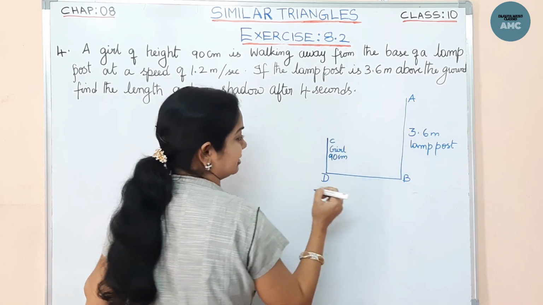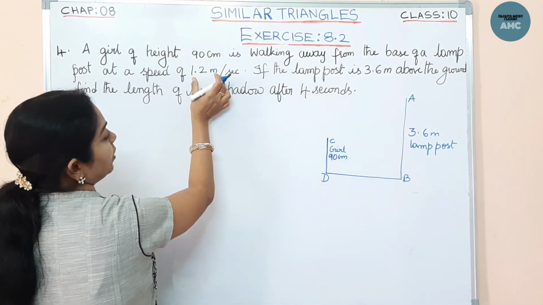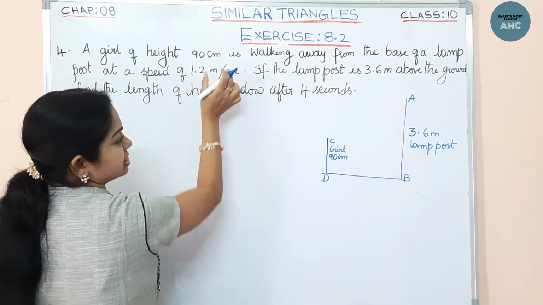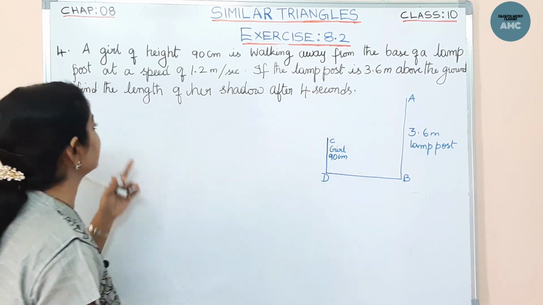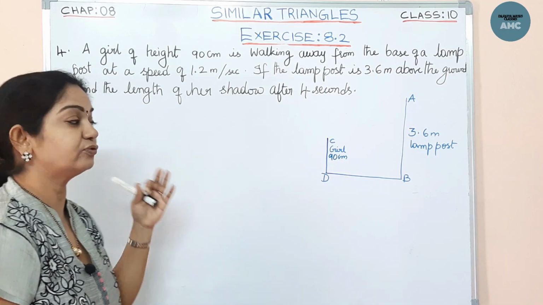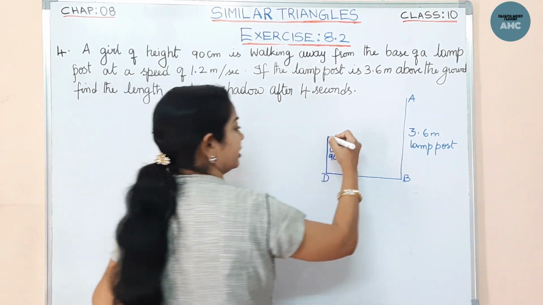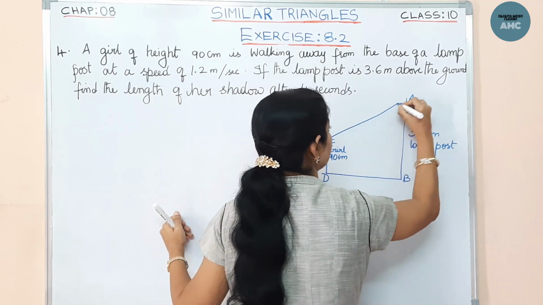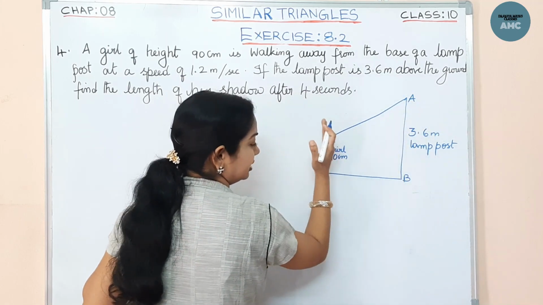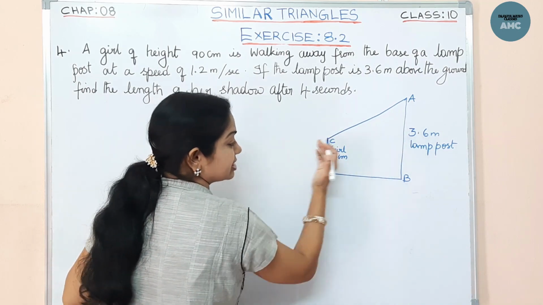Because AB, CD. Now, she is moving with a speed of 1.2 meters per second. If the lamp post is 3.6, find the length of the shadow after 4 seconds. Now, let me join these two. The girl is 90 centimeters from the lamp post, and the speed is given.